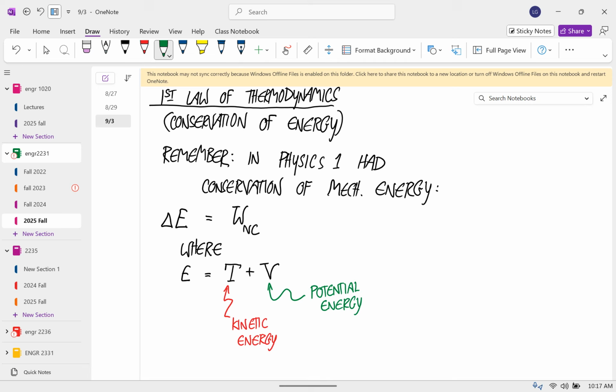And the conservative forces that you dealt with were gravitational fields, and spring forces, and then maybe electric fields or magnetic fields. But do you remember what a conservative force is? Anybody remember the definition of a conservative force? Okay, a conservative force is one where if you're given the location, that's enough to know what the force is.